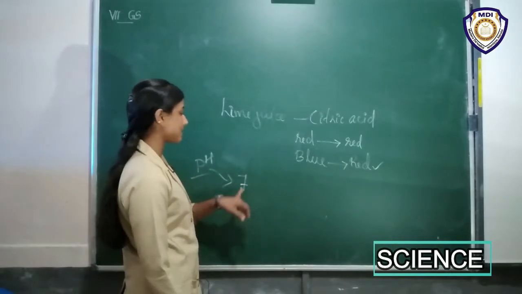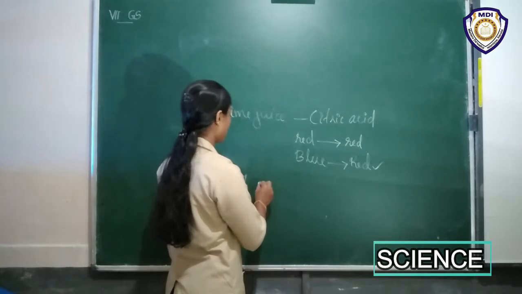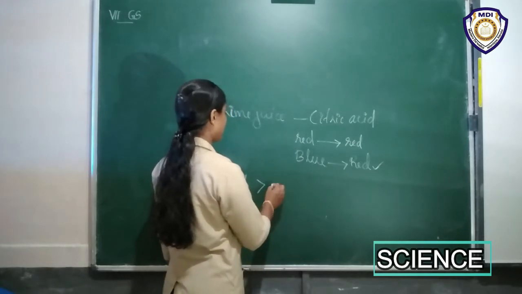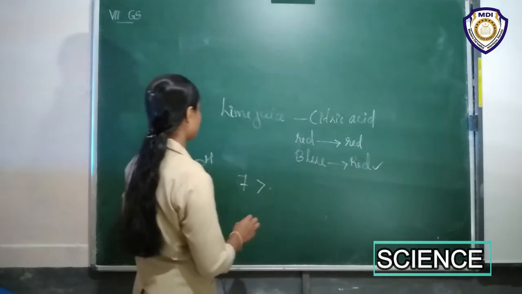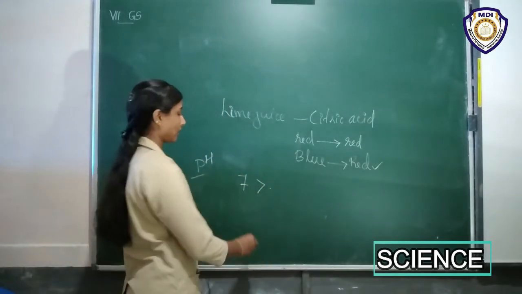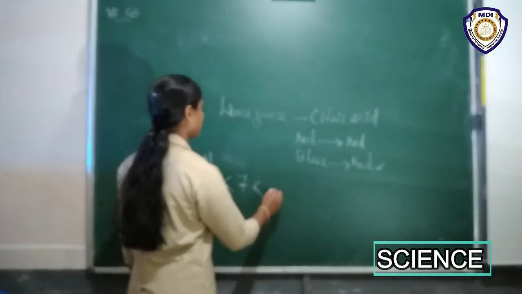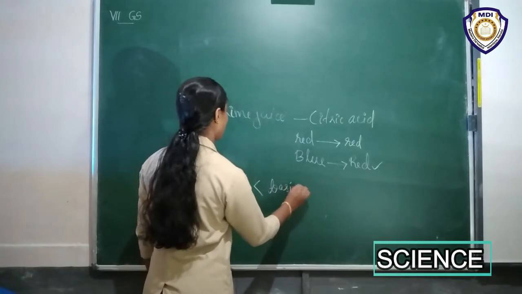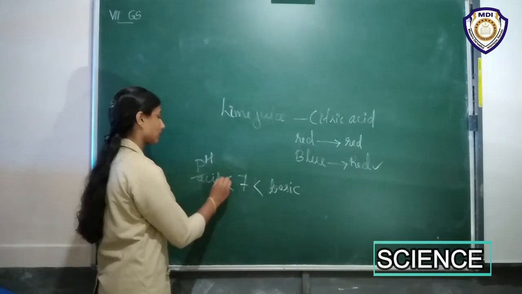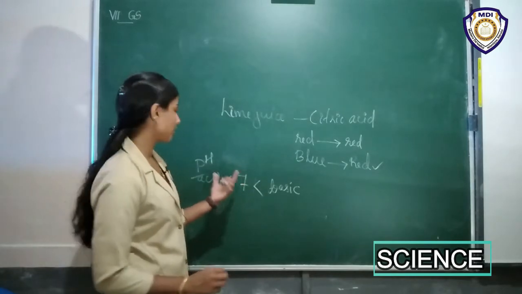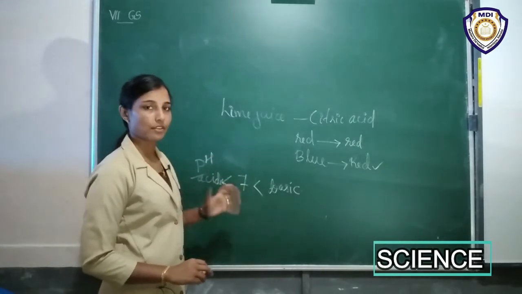A pH value greater than 7 means the substance is basic, and less than 7 means it is acidic. Okay, so don't worry about what pH is and how we determine pH values.